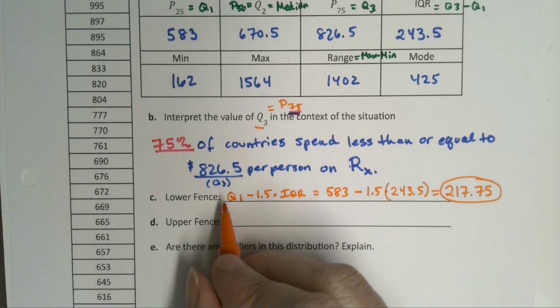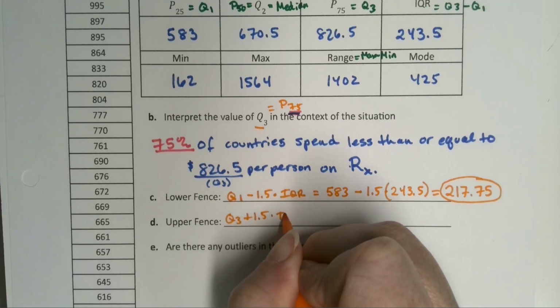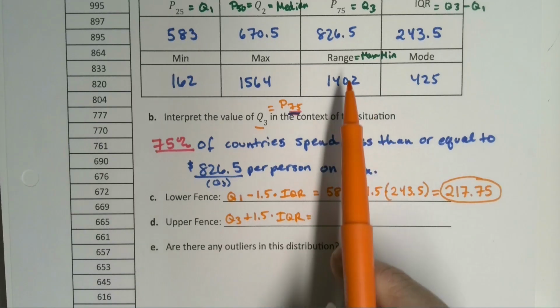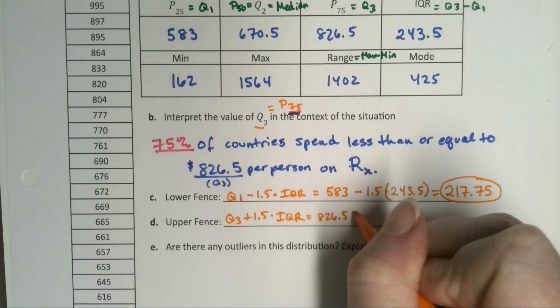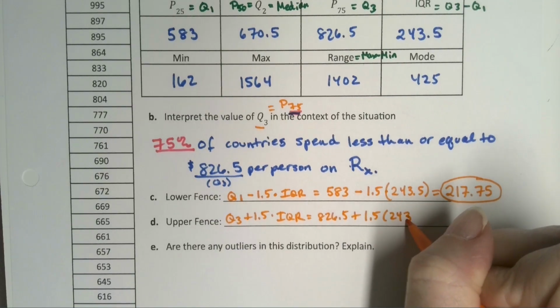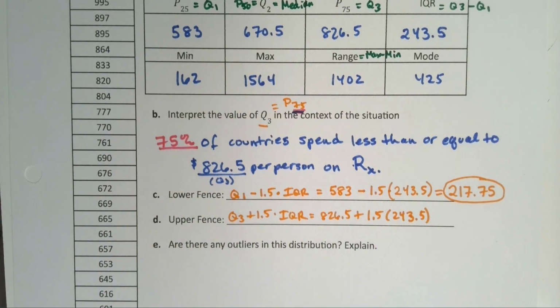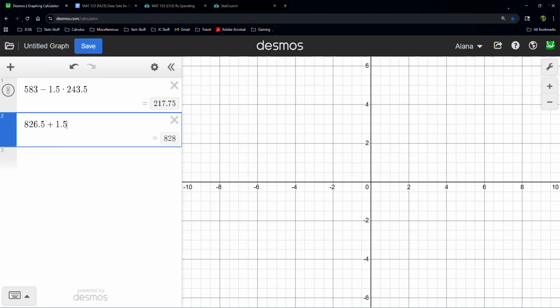All right, now what about upper fence? Upper fence is Q3 plus 1.5 times IQR. Q3 was 826.5. So you take 826.5 plus 1.5. The IQR didn't change, 243.5. But you have to remember this one's a minus, this one's a plus. Otherwise, they don't get calculated correctly. So 826.5 plus 1.5 times 243.5.